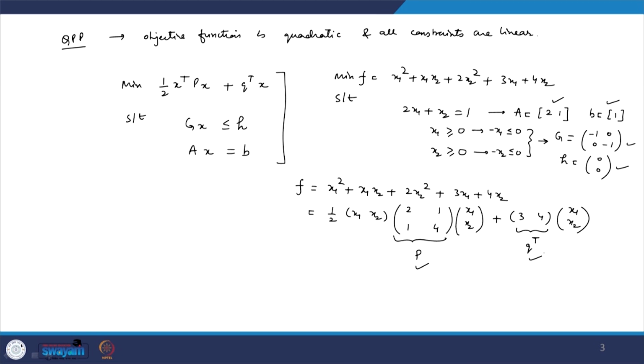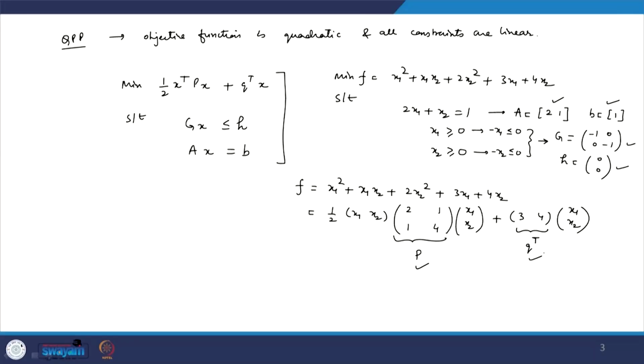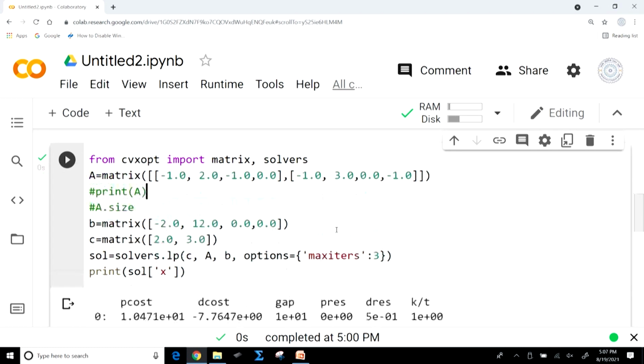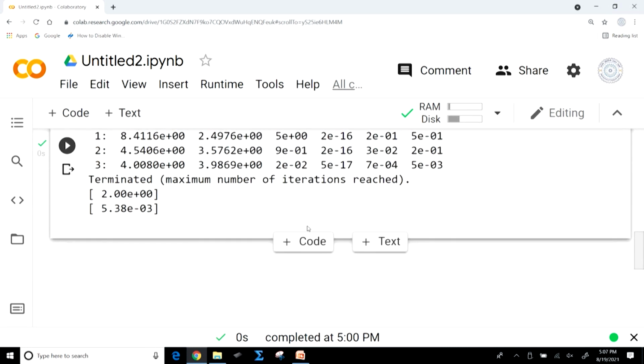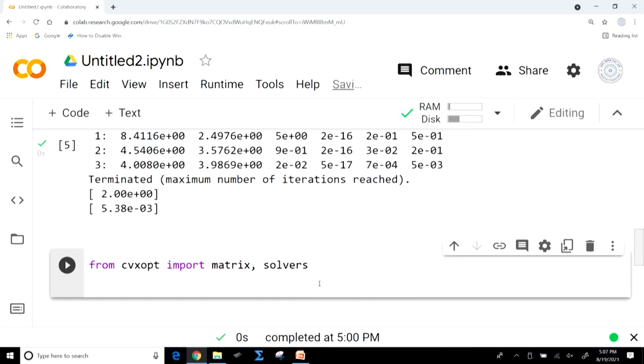As we did for the linear programming problem, in the same way we will feed these P, Q, G, H, A and B in Python, and then we will use the solver solvers.qp to calculate the optimal solution of the QPP. Let us see how we can do this. I am copying the first line over here. Then you will feed capital P first.